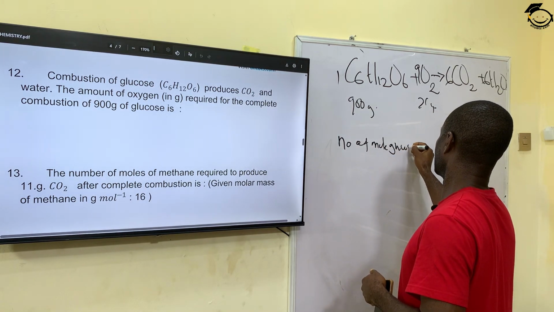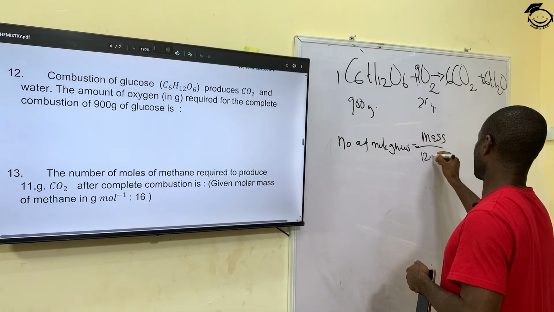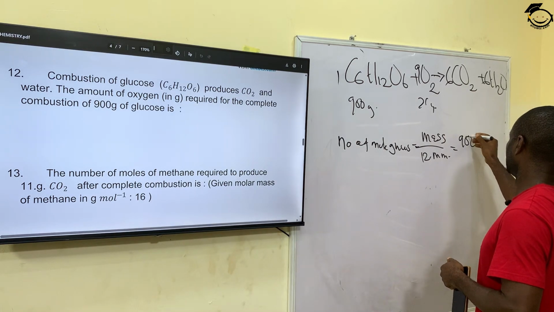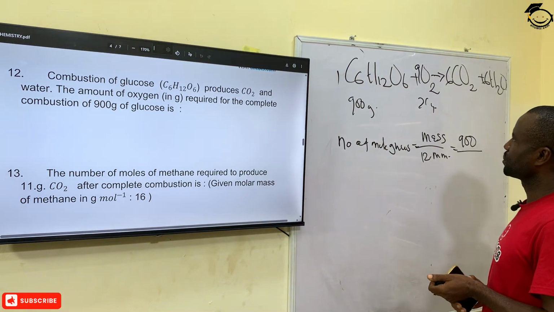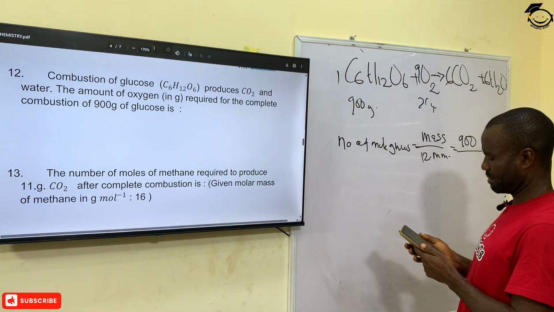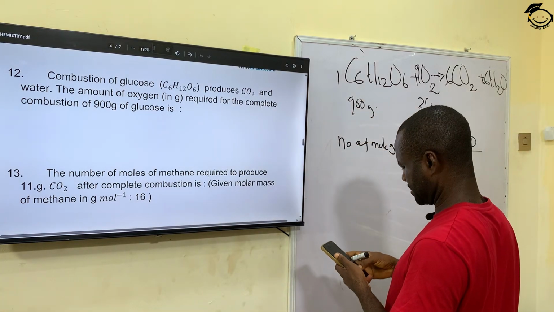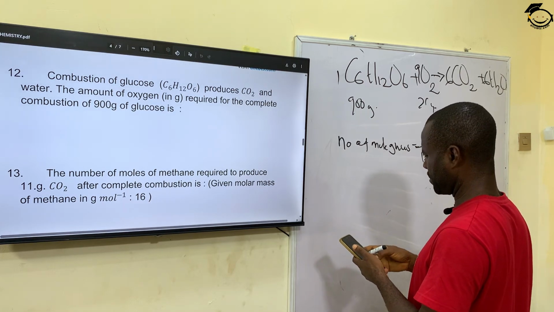To find the number of mole of glucose, number of mole will be mass over relative molecular mass of glucose, which is 900 grams over relative molecular mass of glucose, 180. Let's confirm that. That is 12 times 6. A good student should be able to help us.